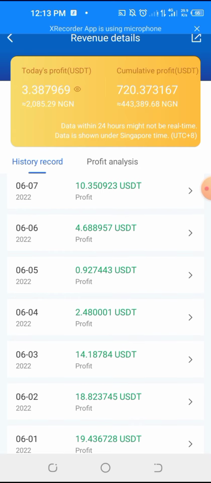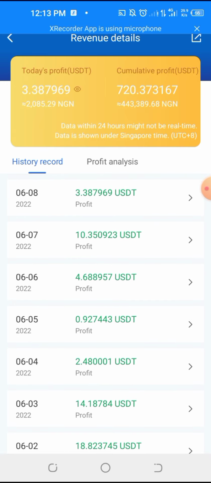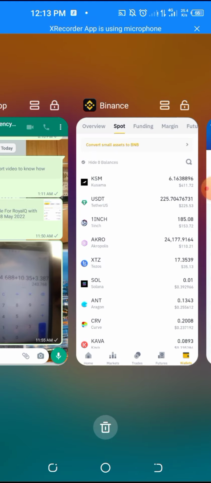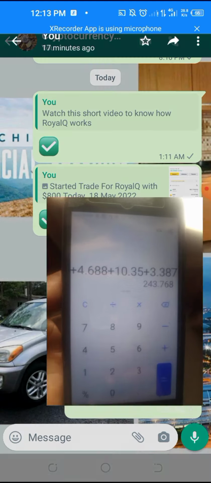You can see that the daily is not the same. From 18 May now to the 8th of June, less than a month, when I did my calculation, total it has made for me is $243.